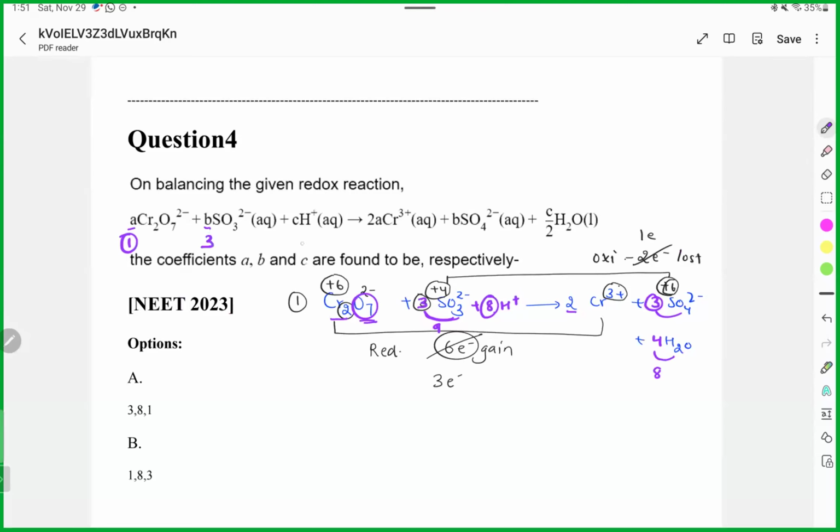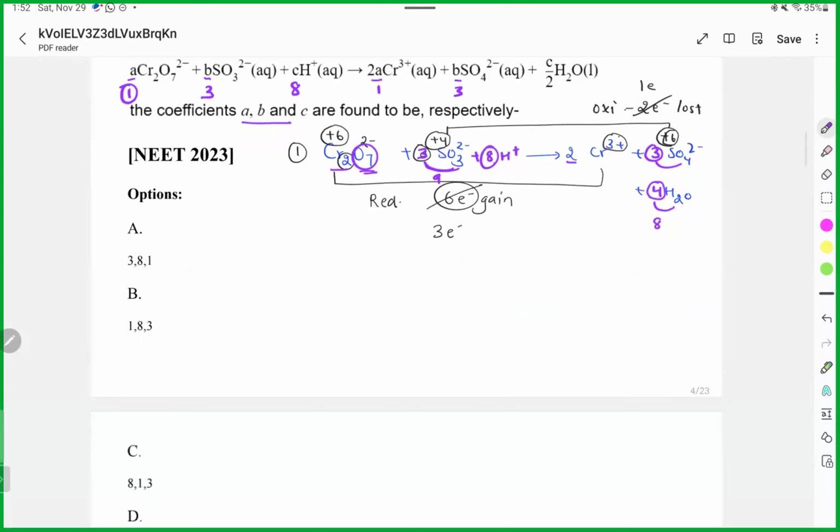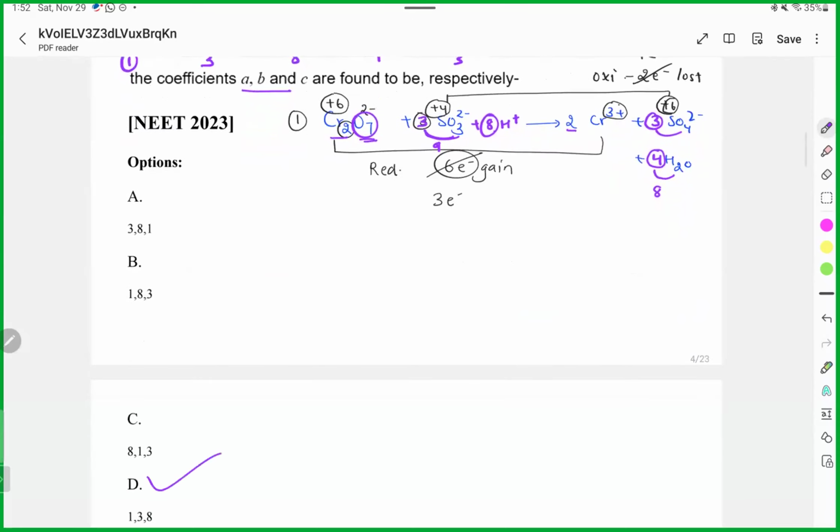What will be the c value? 8 by 2, it means 4. Done. So A, B, C it is asking: 1, 3, 4. Yes or no?